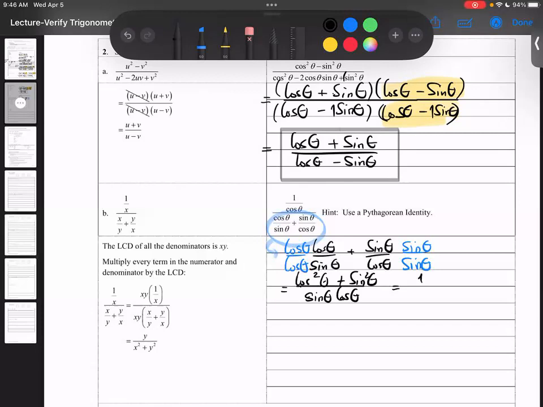If you forget anything, that's the thing you should remember. So now I achieved my goal. I changed that denominator into one fraction. Now we put it back together.